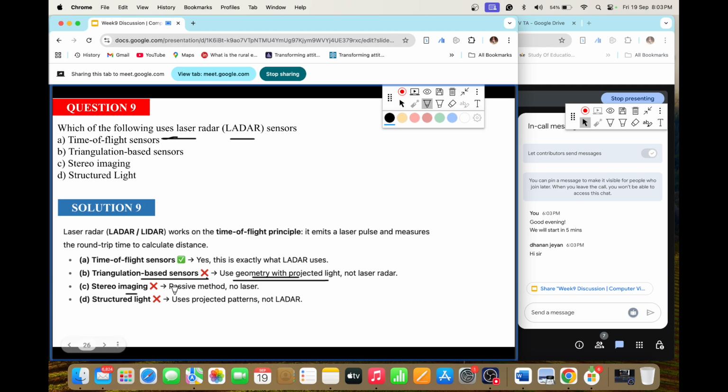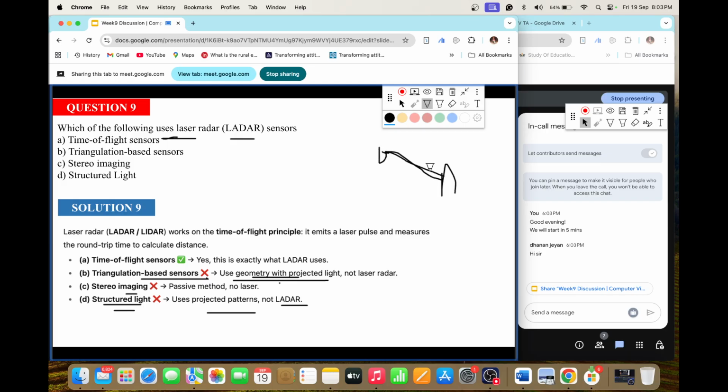Stereo imaging is a passive method, no laser. And structured light uses a projected pattern, so it uses laser, but not laser radar or lidar. Lidar means you have one sensor only, and the source goes to the object and reflects back.